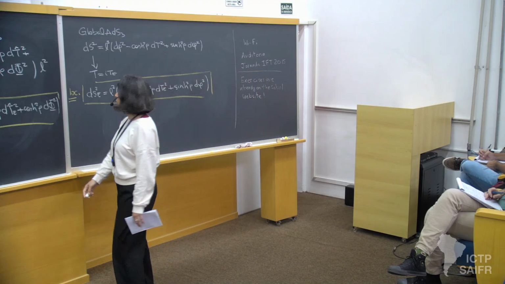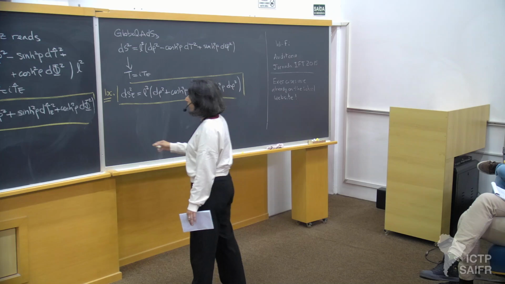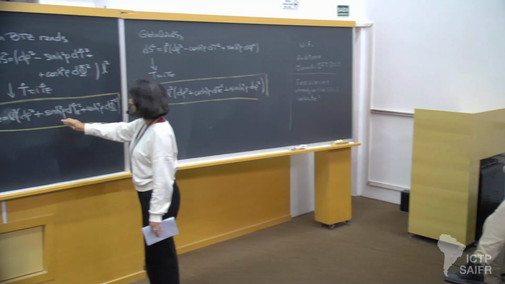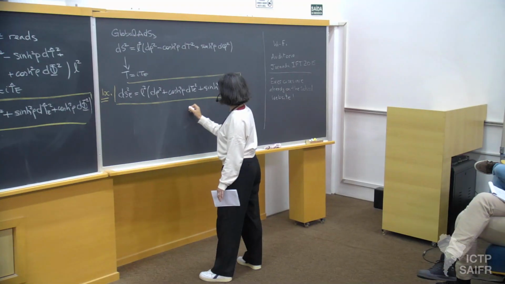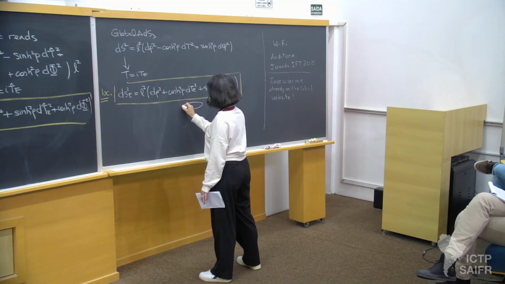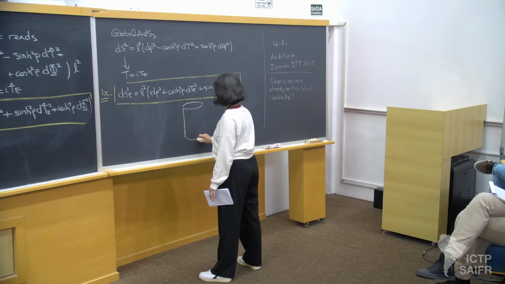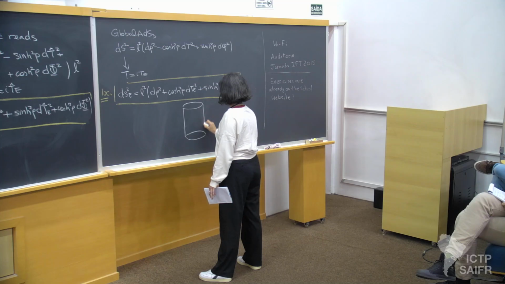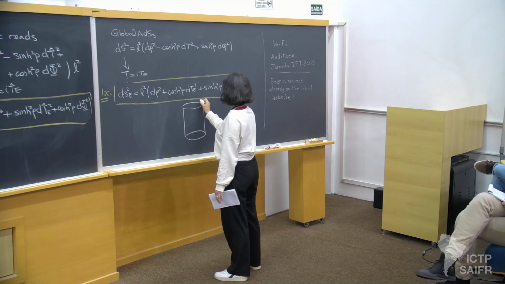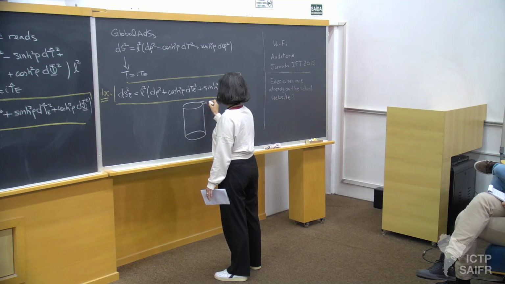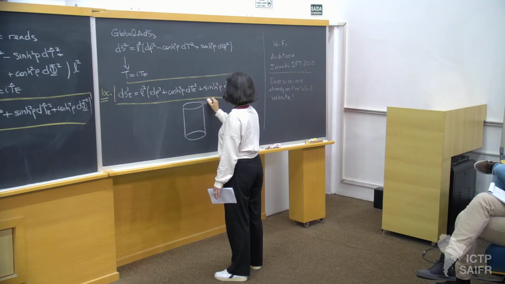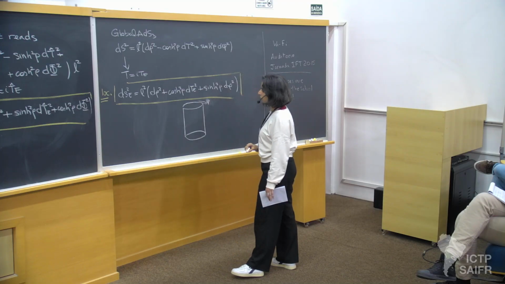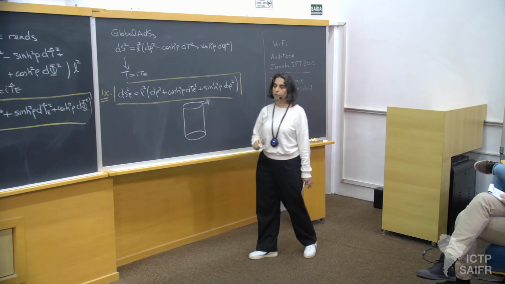Okay, so when you look at this solution here, we said this was a solid cylinder, where this direction was, sorry, now I'm using this notation varphi. So this was varphi, right?